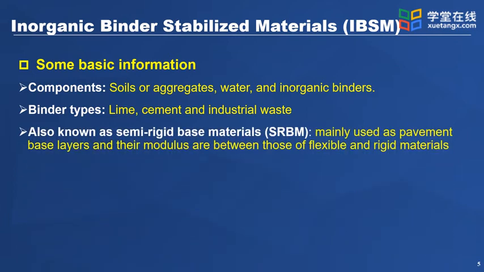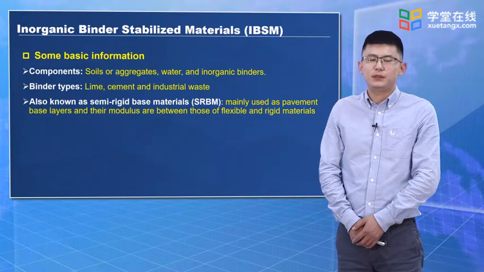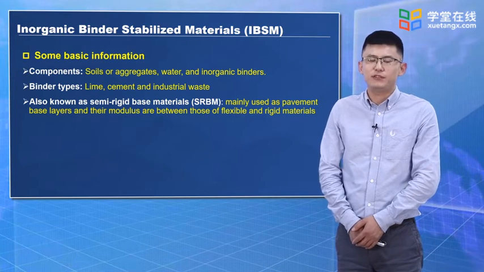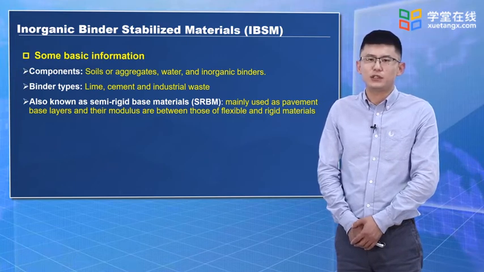And the IBSM is also known as a semi-rigid base material. We call it SRBM. Why? Because this material is being widely used for the base layer in China. And their modulus is between those for the flexible and the rigid materials. So we call it semi-rigid.